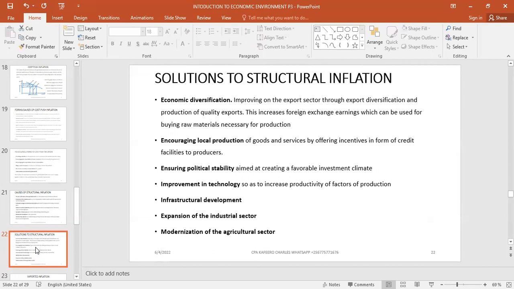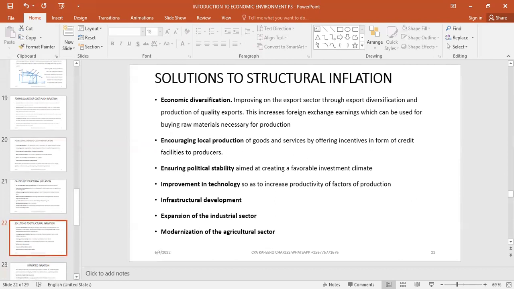You start looking at the production yield of a certain farm, and you see that really you've made an improvement in the way the production has come out. So that's how I can talk about structural unemployment.